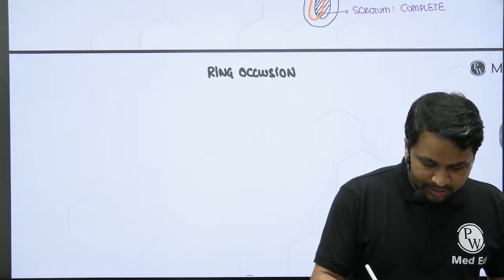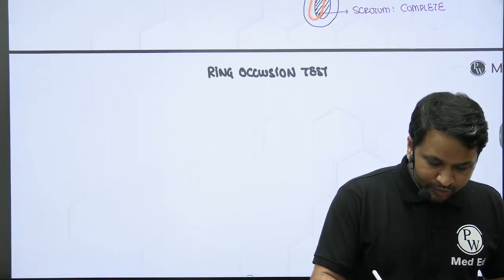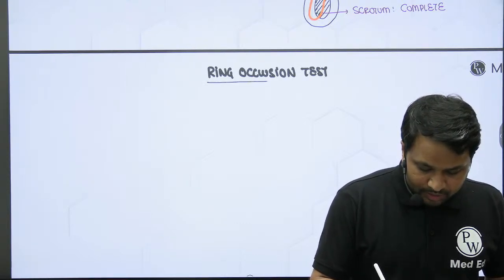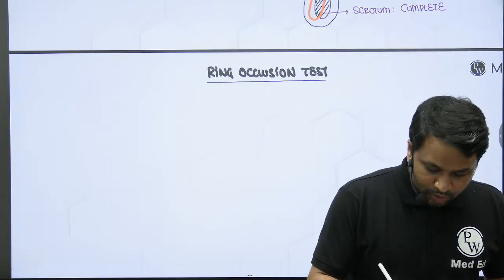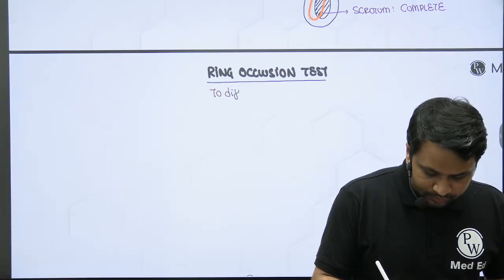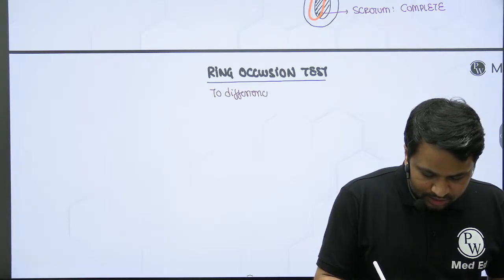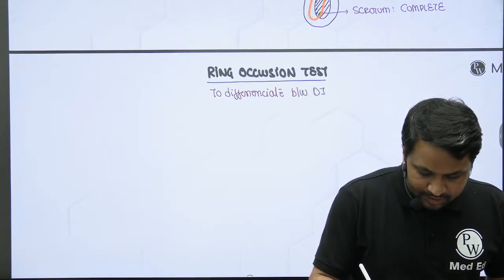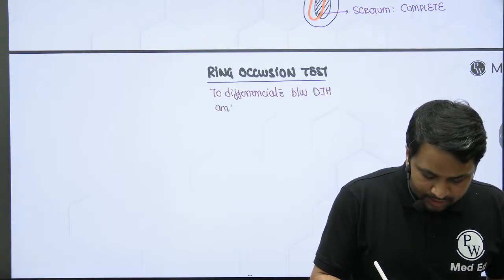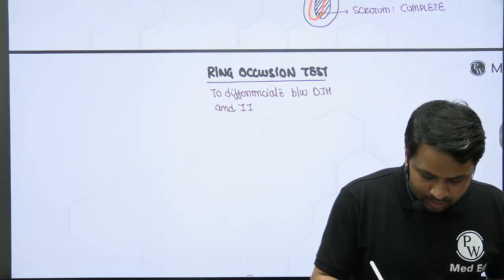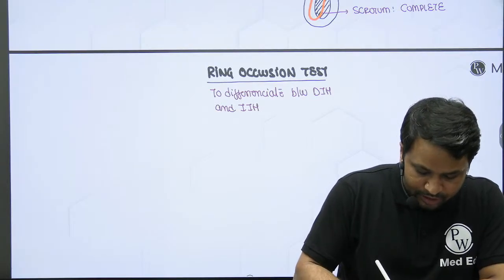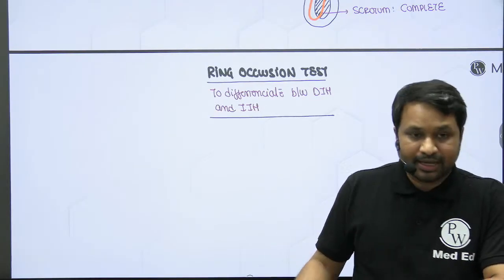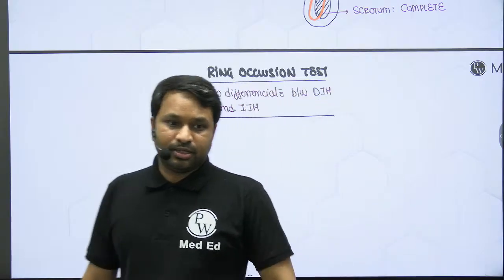This ring occlusion test is done to differentiate between direct and indirect inguinal hernia, right?